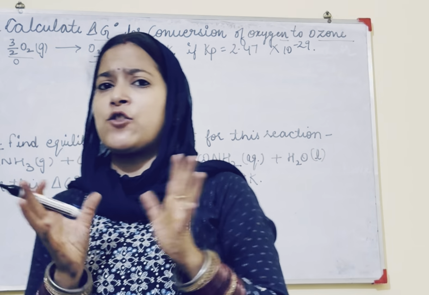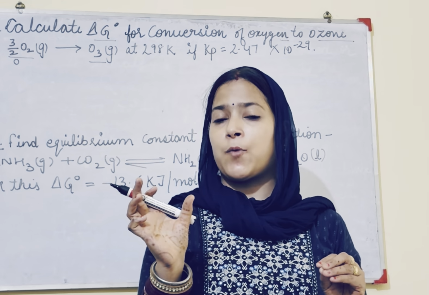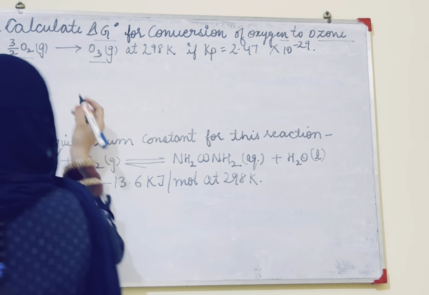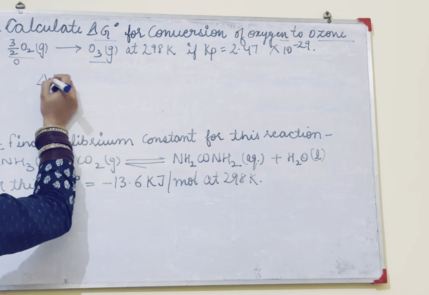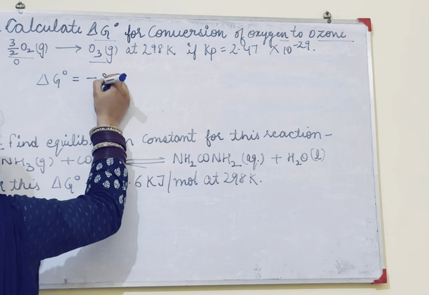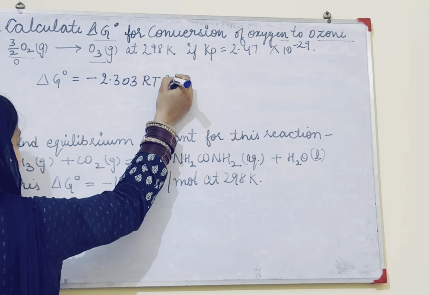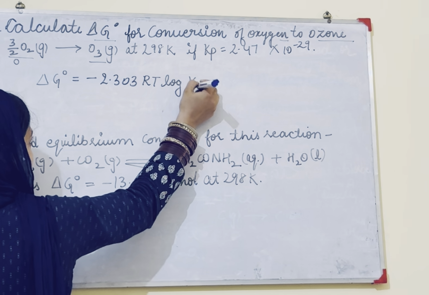Is there any relationship we have studied between delta G naught, standard Gibbs free energy, and equilibrium constant? Yes, there is the relation. Delta G naught is equal to minus 2.303 RT log Kp.